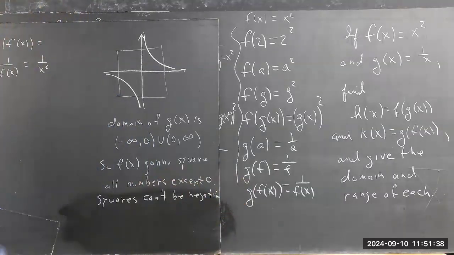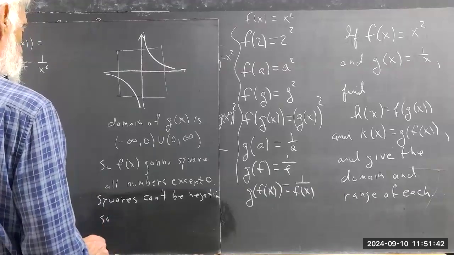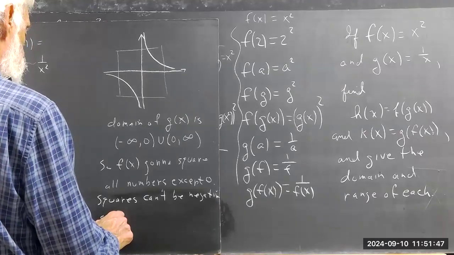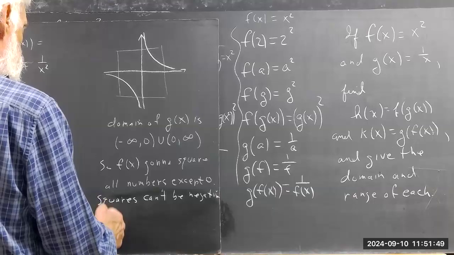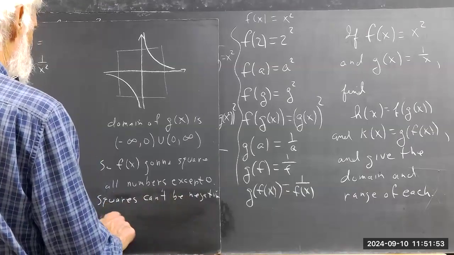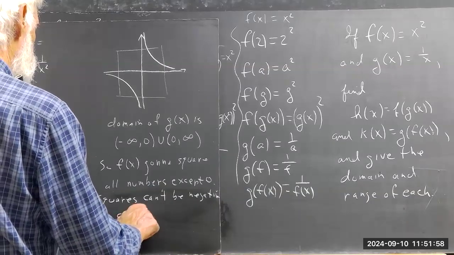Squares can't be negative, and x can't be zero.